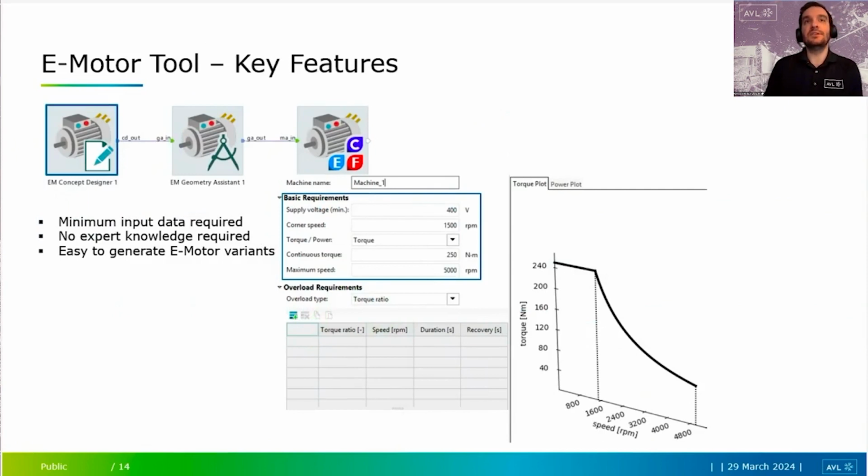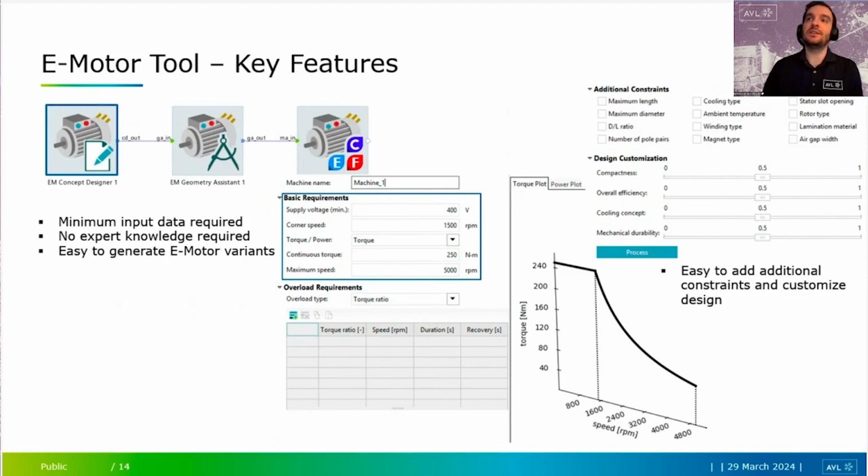And as I mentioned, this is the concept designer. So you can put in your voltage, speeds, torques, and it'll effectively, at a high level, give you some attributes from your motor. So you'll be able to see an efficiency map, you'll be able to see a couple other things, and you can also add constraints and design customizations while you're in this step of the concept designer.